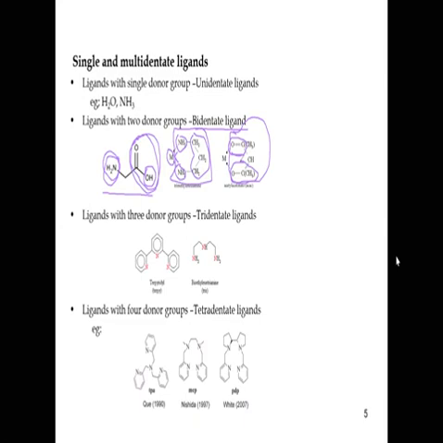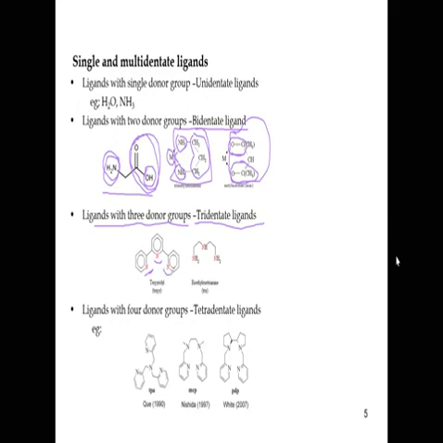Then the ligands with three electron donor groups. We just call them three donor groups, so they are called tri-, tridentate ligands. If there are three groups, we call them tridentate ligands. And the example here, you can see terpyridine. Look at this nitrogen here, this nitrogen here, and this nitrogen here.